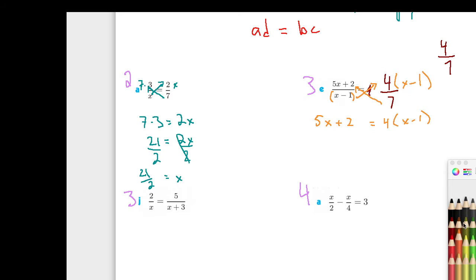Now we have our second stage of our equation, which is expand every time we have a chance. So I expand. I'm going to bring my equal sign down here, keep them in line. I have 4 times x is 4x, 4 times negative 1, negative 4. From now on, the rest of the equation to solve is pretty straightforward. We want algebraic terms on one side and numbers on the other. So I would take this 2 and put it over there.